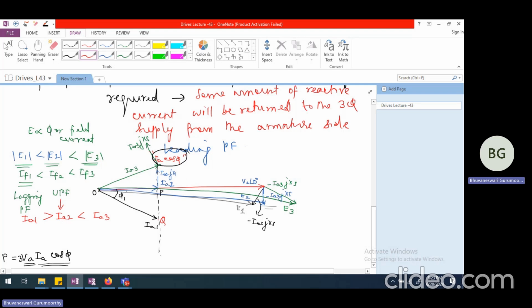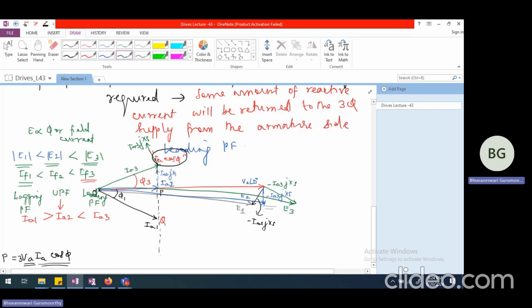If I increase the excitation further to IF3, the power factor went to leading condition, and when you have a leading power factor, the armature current again increases, as the power factor has moved away from unity to leading.